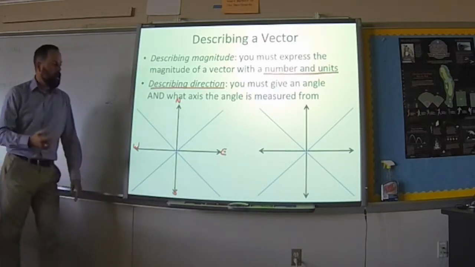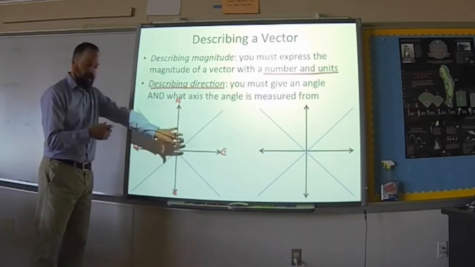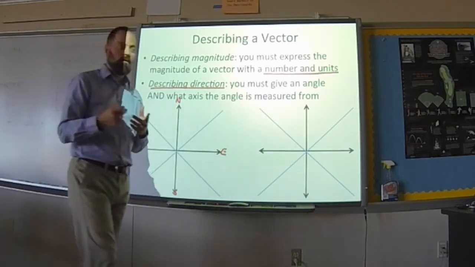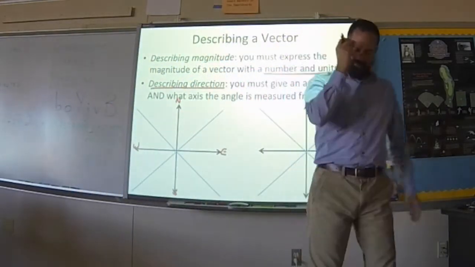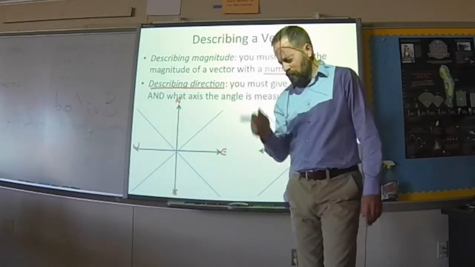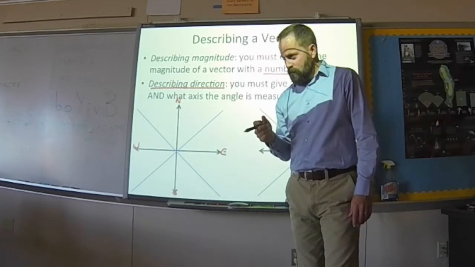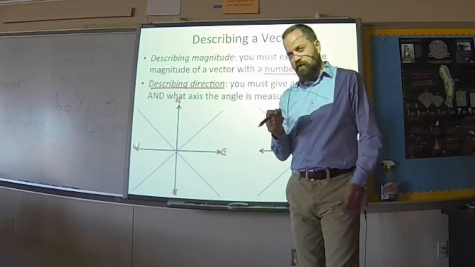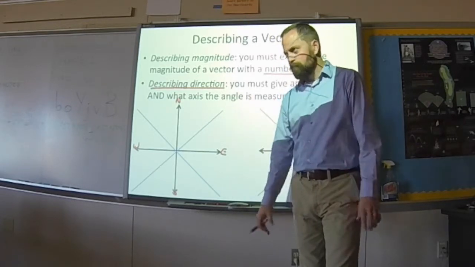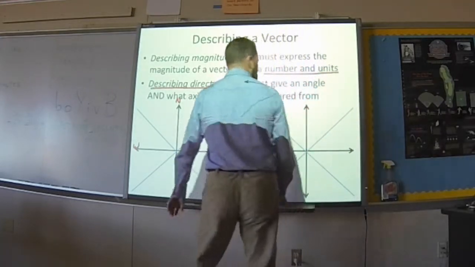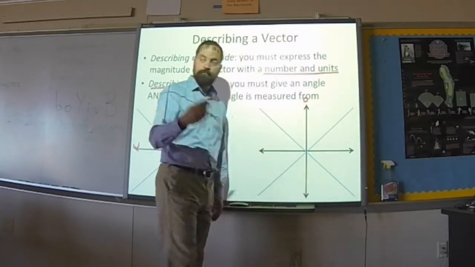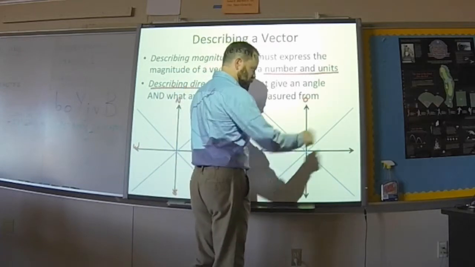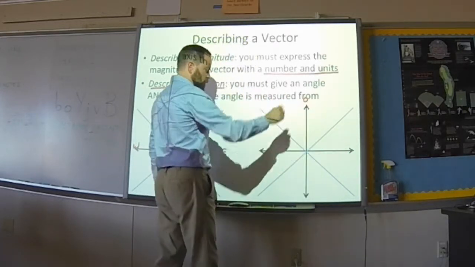Another system, and I'll come back to this in a minute, that they use in the military, I forget what it's called. Basically, it's a system where north is 0. So this is 90.